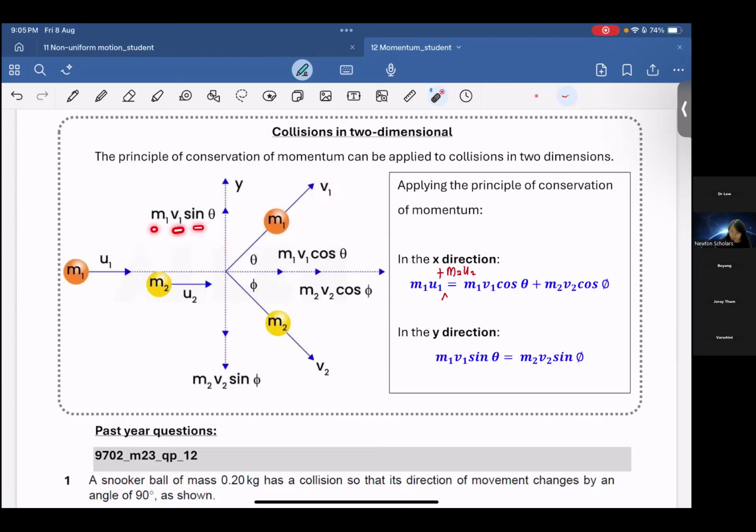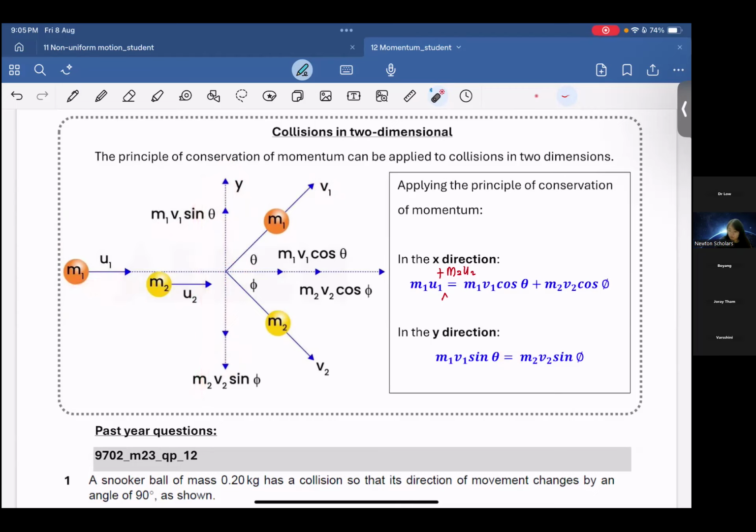M1 V1 sine theta is the y-axis for M1. Then M2 V2 sine theta, this direction is pointing downward. So one upward, one downward, they should be equal. No others, because before it only has horizontal.